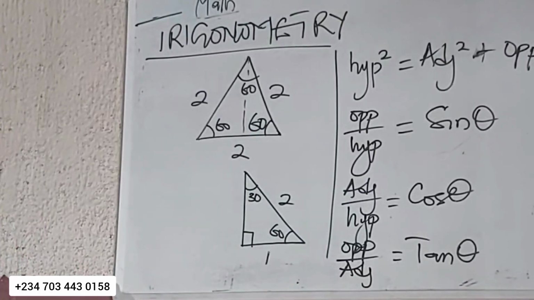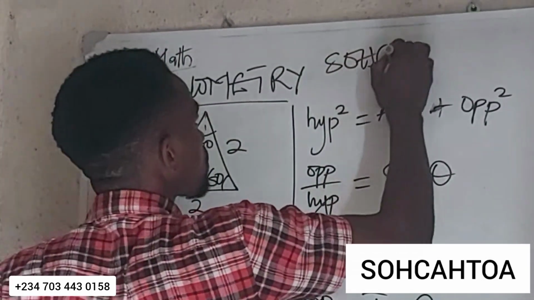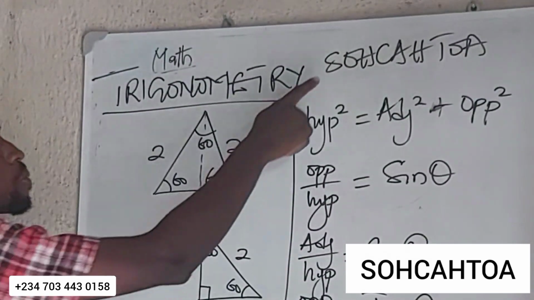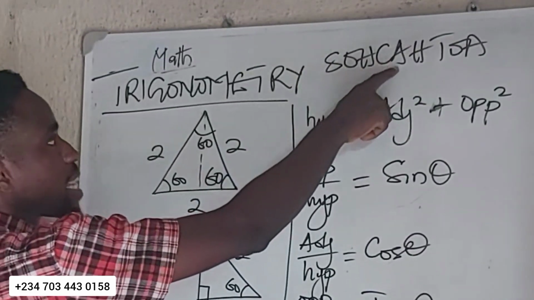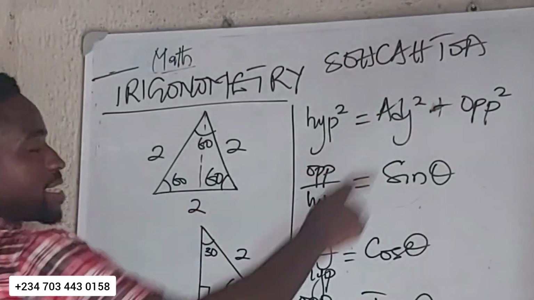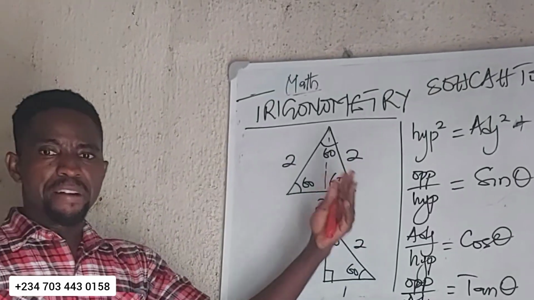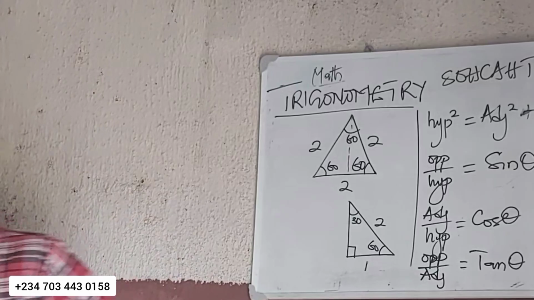A common acronym that we use to remember this is SOH CAH TOA. So sin theta is opposite over hypotenuse, cos theta is adjacent over hypotenuse, and tan theta is opposite over adjacent. Also, there are inverses of these ratios, and they have their own names.